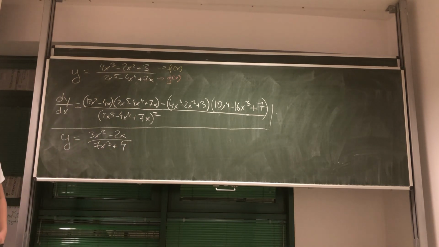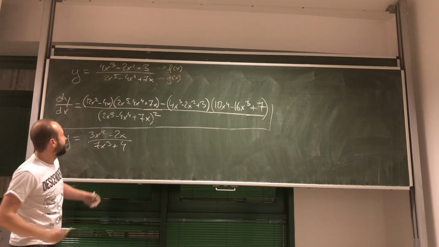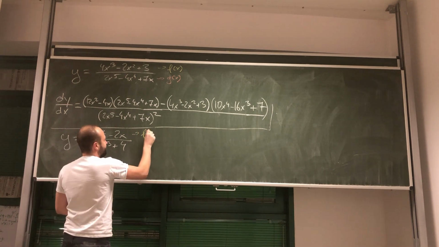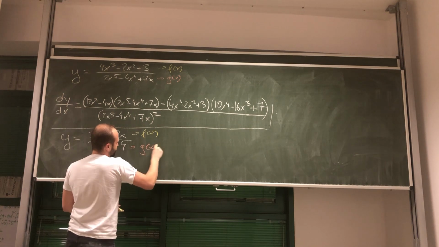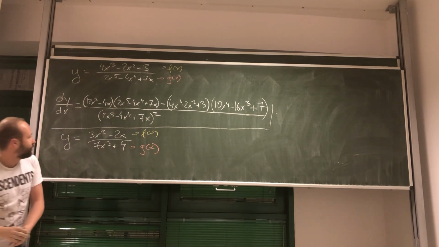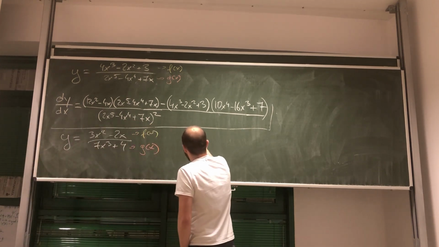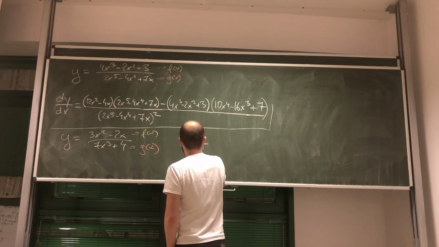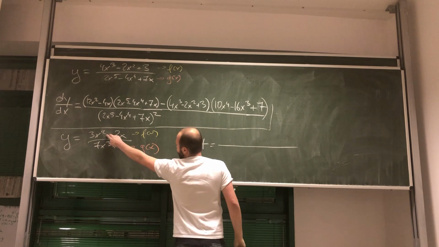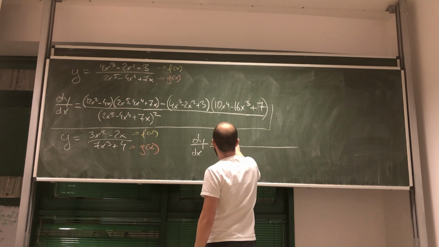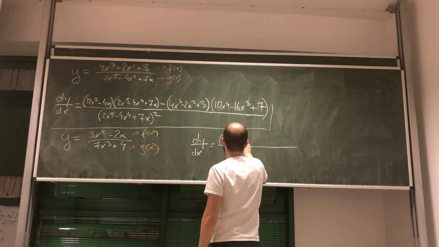Again, we are imagining that this is our f(x), and this is our g(x). And now, how do we apply the rule? So, dy/dx: I calculate the derivative of the first function, which is 6x minus 2.